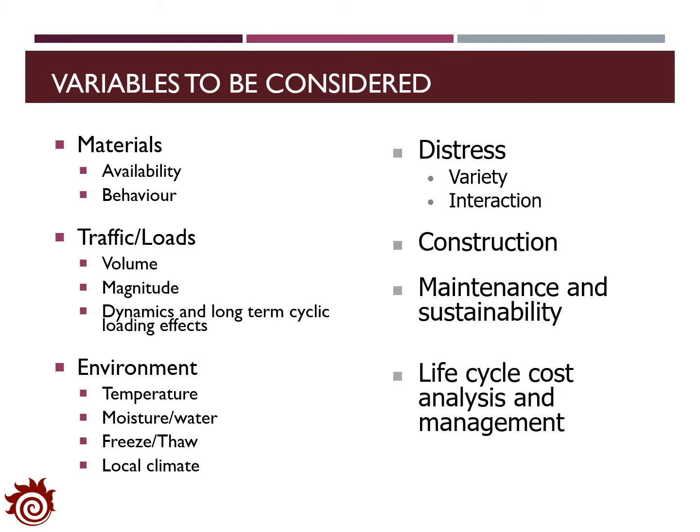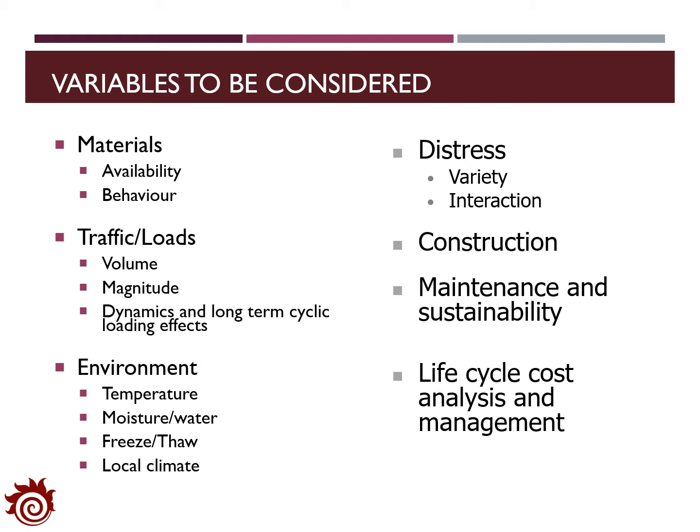The next thing we need to consider is the distress of the pavement. We have to evaluate different types of distress applied to the pavement and its interaction with the variables we listed on the left. Also, for the pavement, we need to think about how to construct the pavement to make it successful to support all the traffic load we designed in that area.